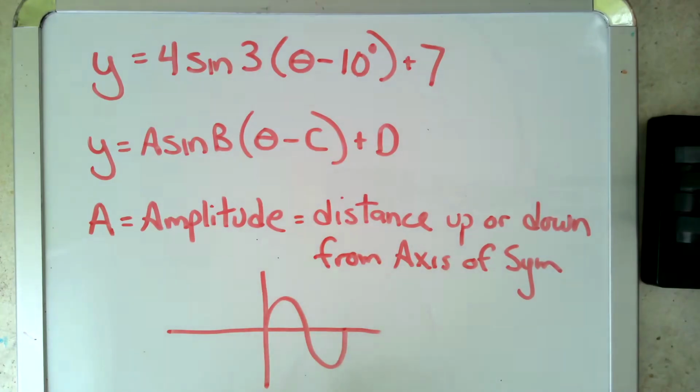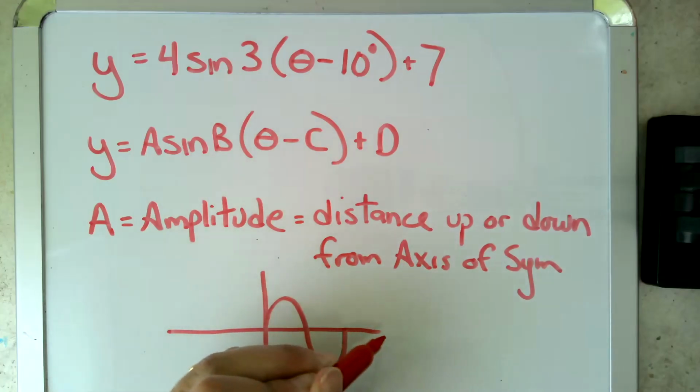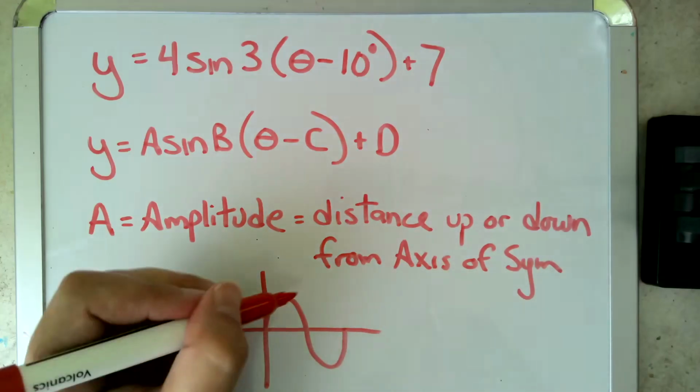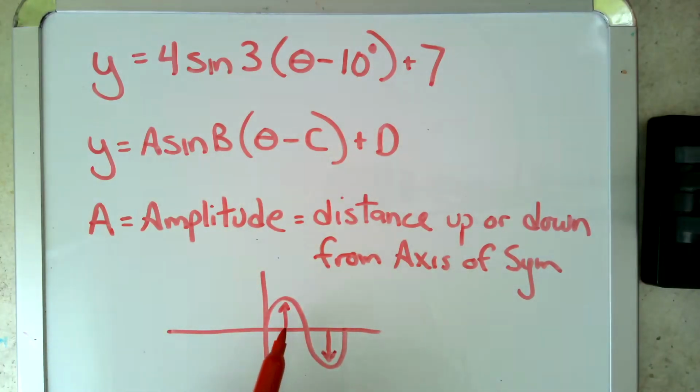So in a sine wave that hasn't been adjusted at all, our axis of symmetry is the x-axis, and the distance from that x-axis to the highest point or the lowest point is your amplitude. And the reason we can say highest or lowest is distance is always defined as absolute value. You cannot have negative distance.